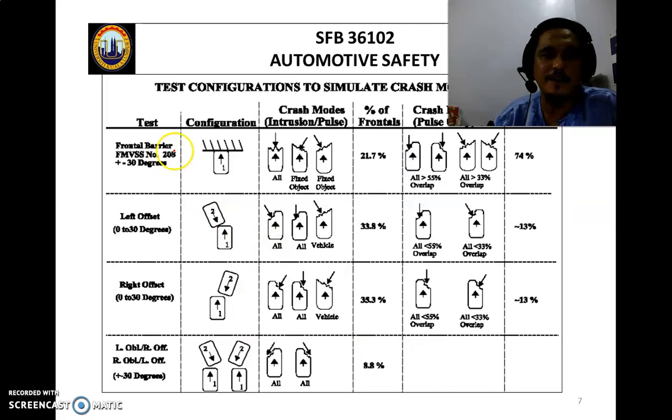We have 4 categories of the frontal simulation test. Number 1 is the frontal barrier, which means the vehicle will hit the barrier in front of the vehicle.